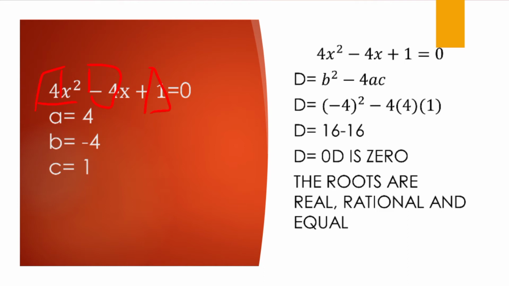So the discriminant is 16 minus 16 is 0. So since the discriminant is 0, the nature of roots are real, rational, and equal.